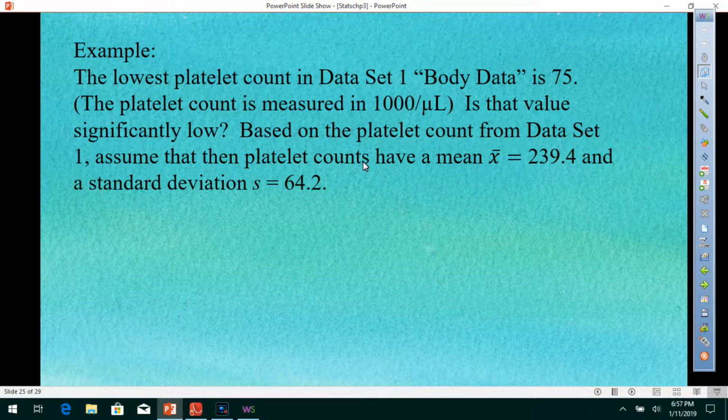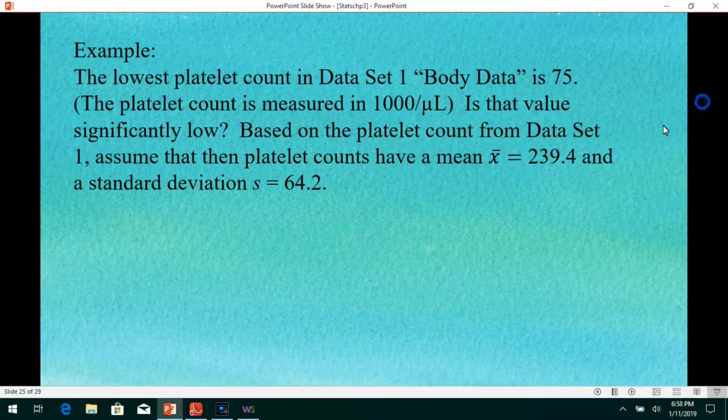The lowest platelet count in Data Set 1 body data is 75. The platelet count is measured in 1,000 cells per microliter or something like that. Is that value significantly low? Based on the platelet counts from Data Set 1, assume that the platelet counts have a mean of 239.4 and a standard deviation of 64.2.